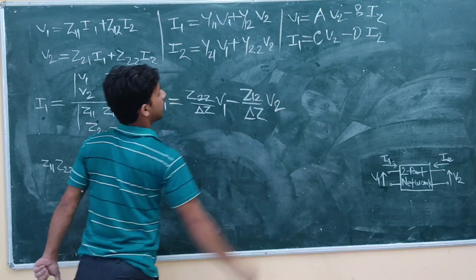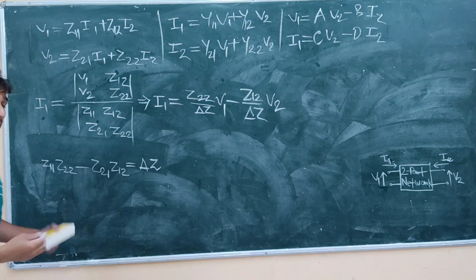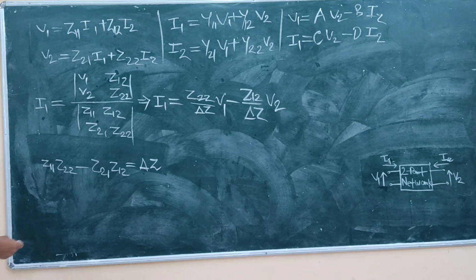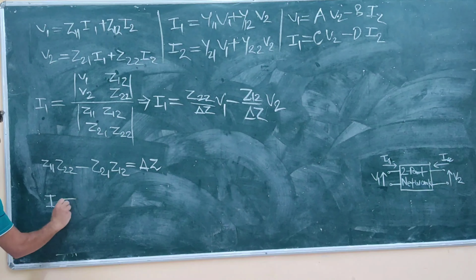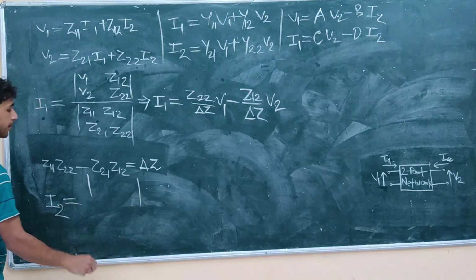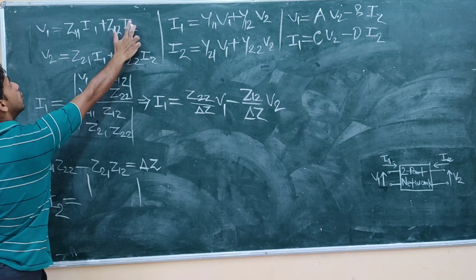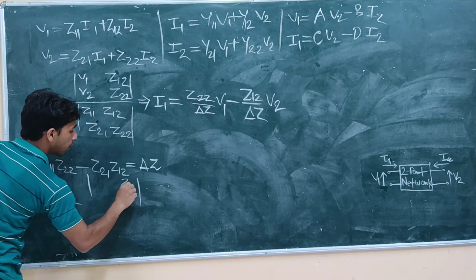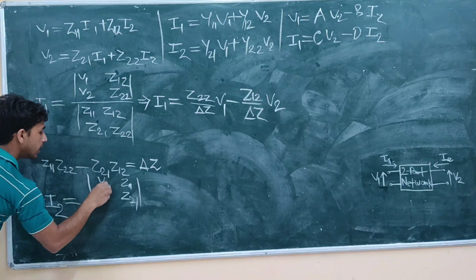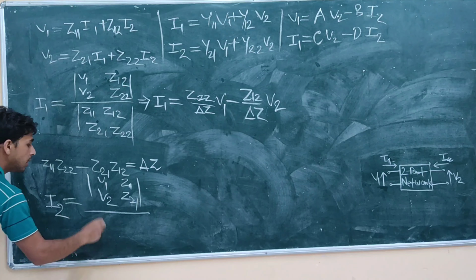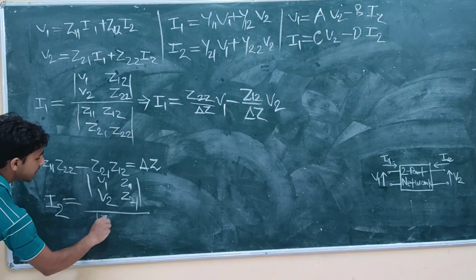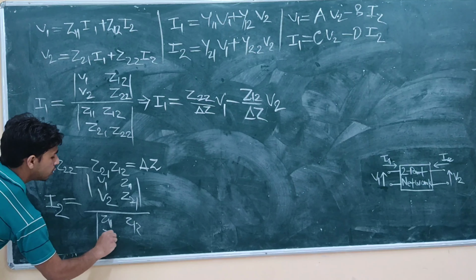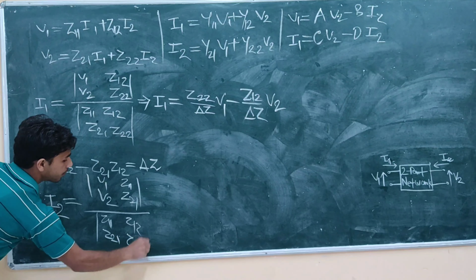And we can write another equation for I2. I2 equals a determinant, covering the I2 column, we are left with Z11, Z21 and V1, V2, and at the bottom we have the same determinant of Z11, Z12, Z21, Z22.